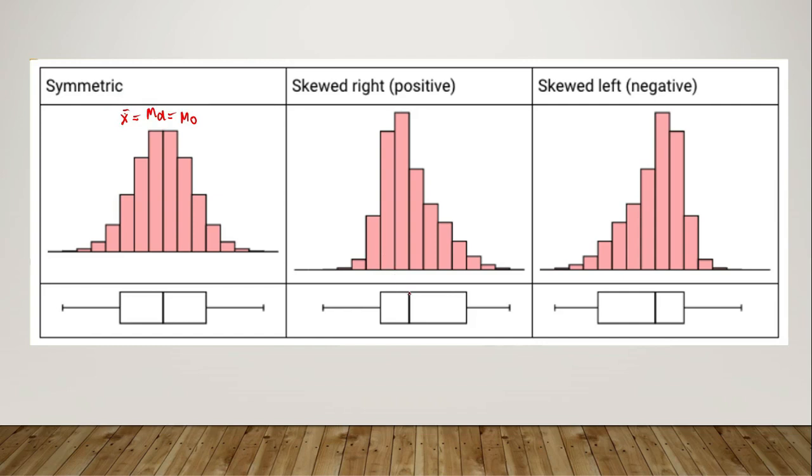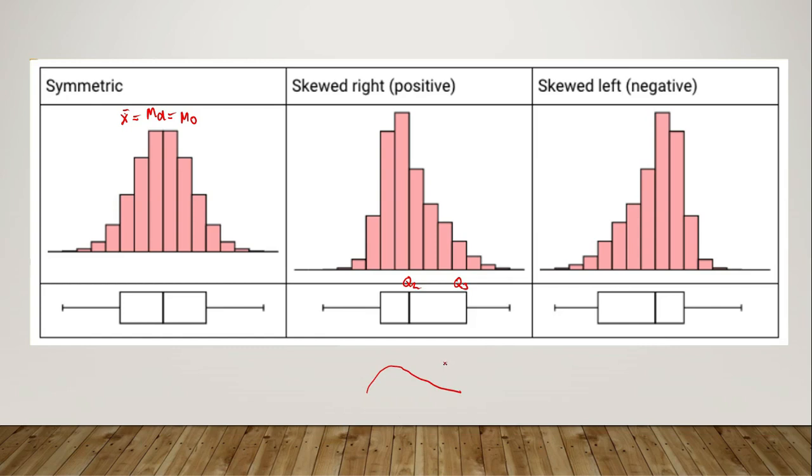However, if the median is close to the left part of the box, and the right part of the box is larger, again from Q sub 2 to Q sub 3, as you can see, the distribution is skewed to the right. So something like this.